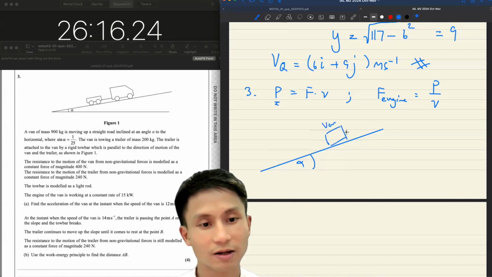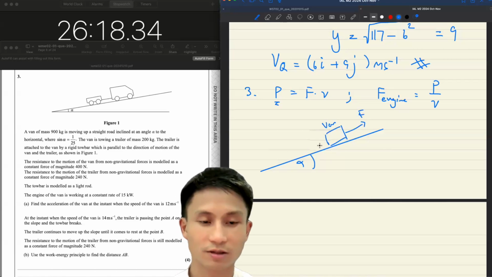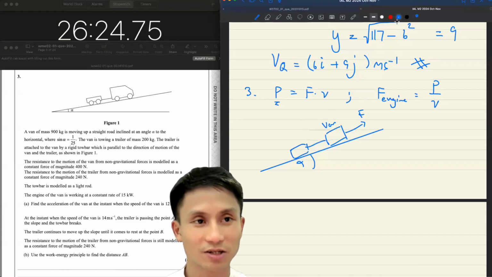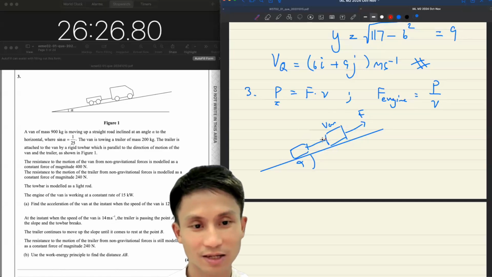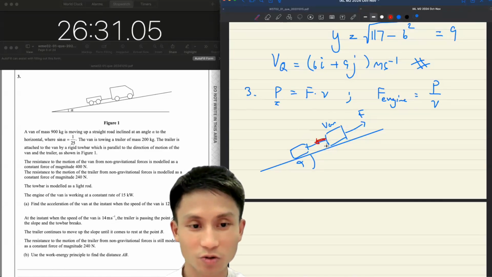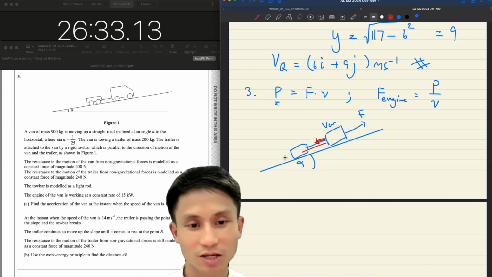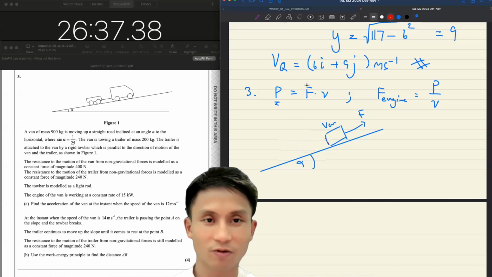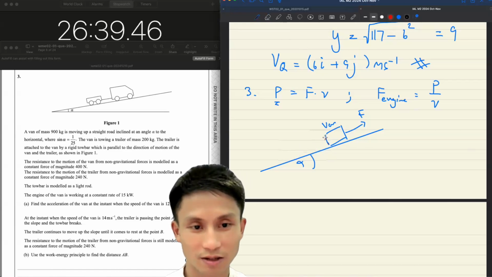So this is the van moving up with the engine force. But don't forget, guys, if you are towing something up, there's going to be something called a tension. So there's a tension here pulling it down, and you also have mg. Let me draw a separate diagram for the van and the trailer.